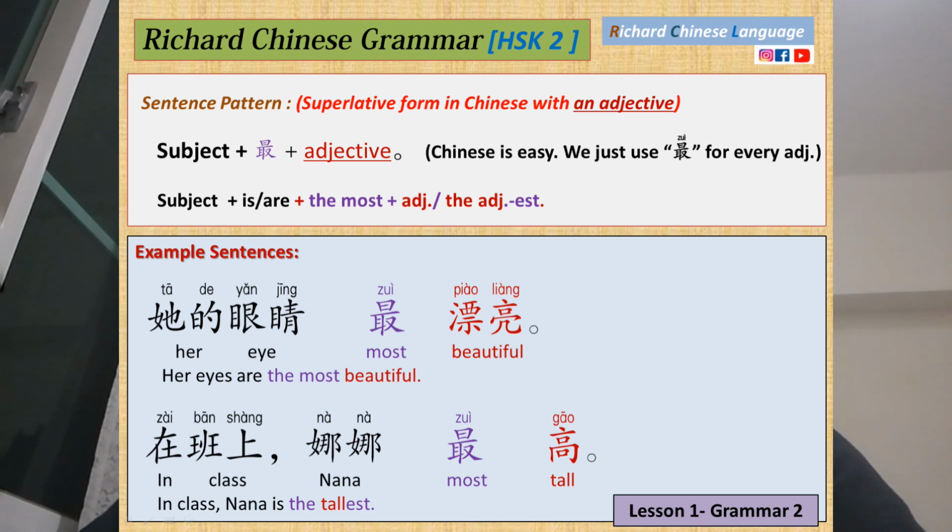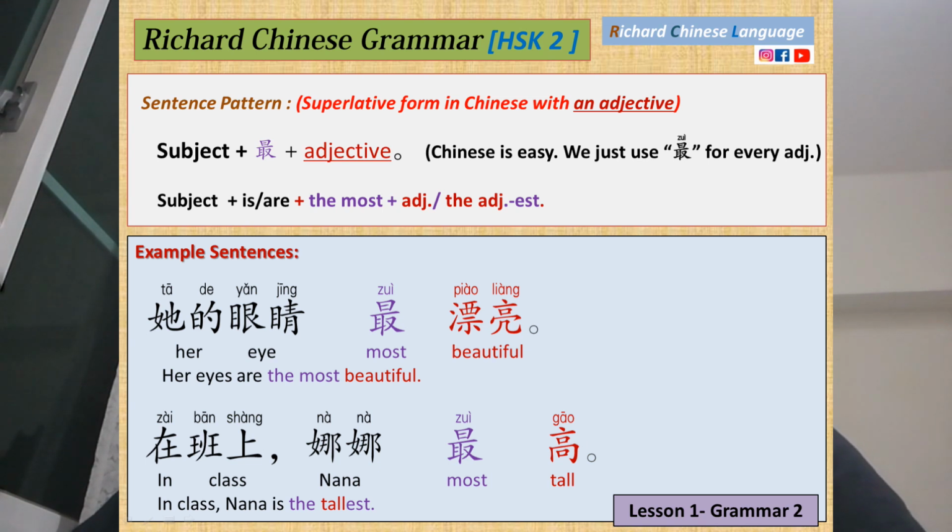Okay, next one. 在班上，娜娜最高。Okay, 在班上 means in class. 娜娜 is the subject. And then we use a 最, right?